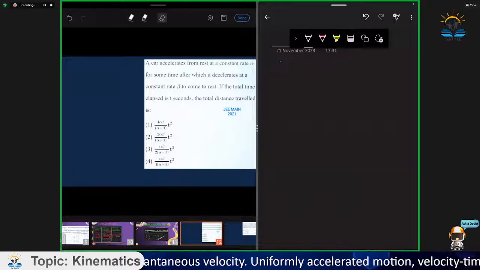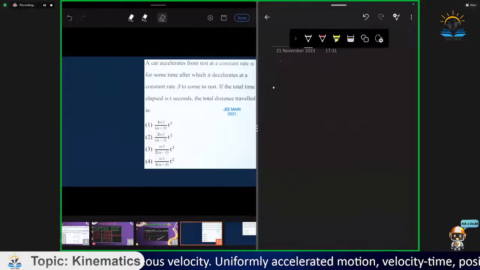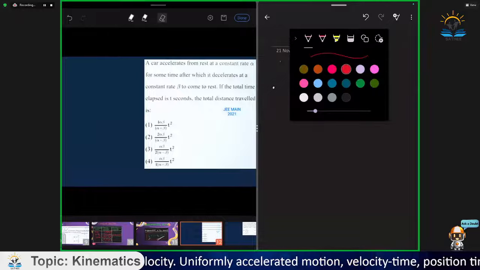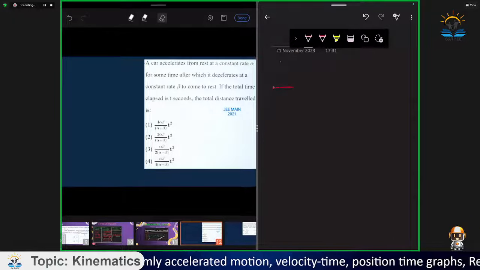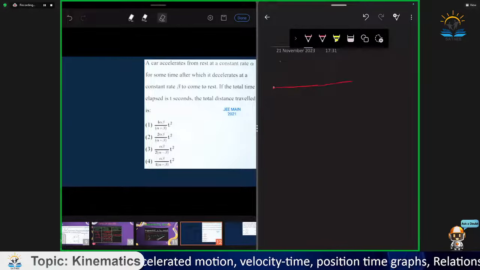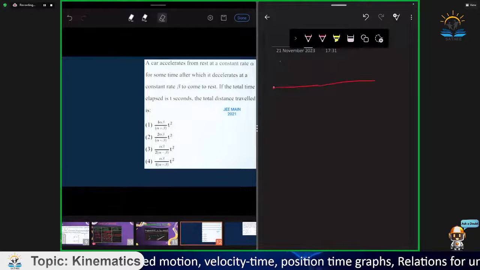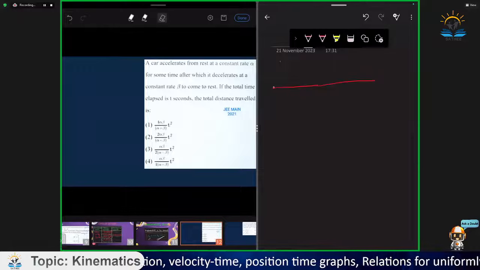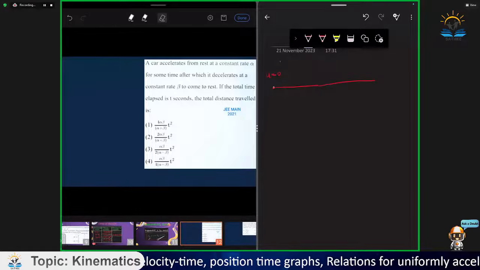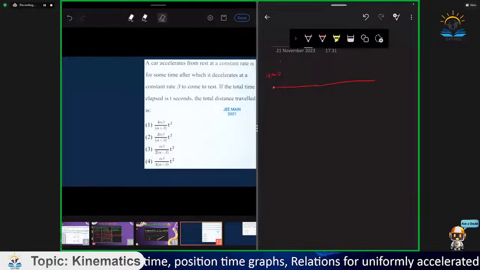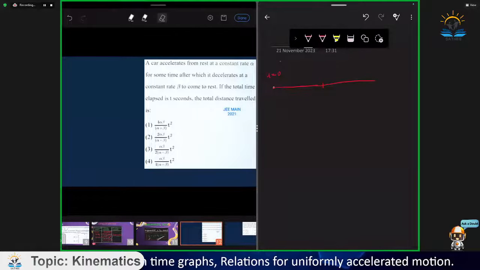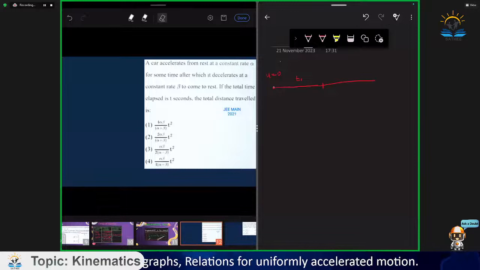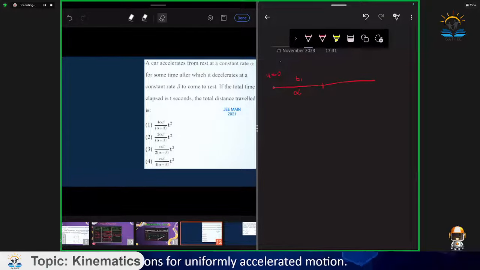A car accelerates from rest, so u will be zero here. A car accelerates from rest at a constant rate alpha. So up to t1 seconds, its acceleration is alpha. Then it decelerates at a constant rate beta.